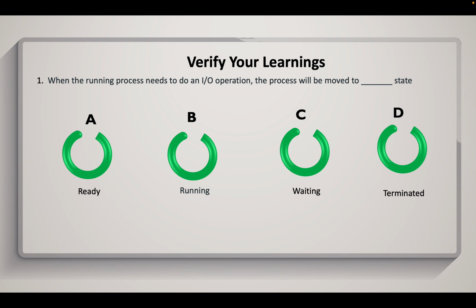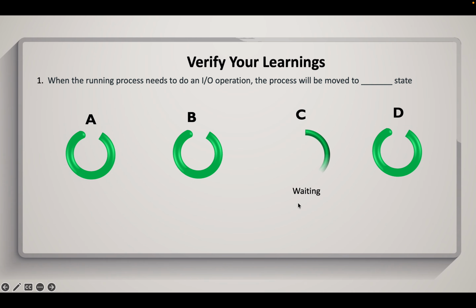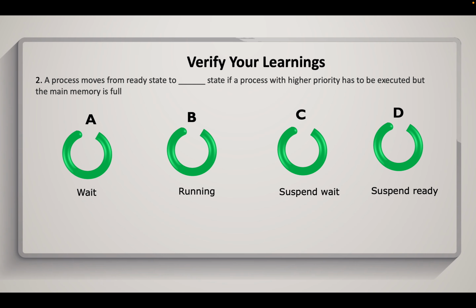Verify your learnings. When the running process needs to do an IO operation, the process will be moved to which state? Waiting state. Answer is C, waiting state. Question number 2. A process moves from the ready state to which state if a process with higher priority has to be executed, it must be brought into main memory to be executed, but the main memory is full?